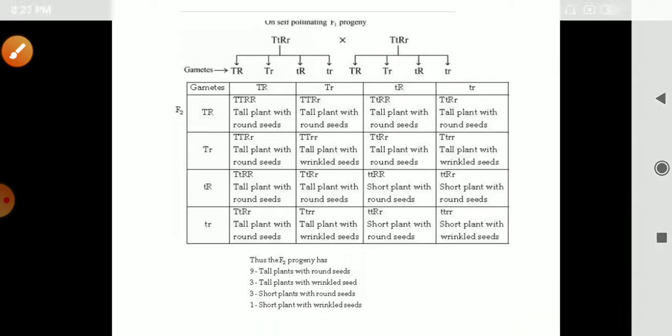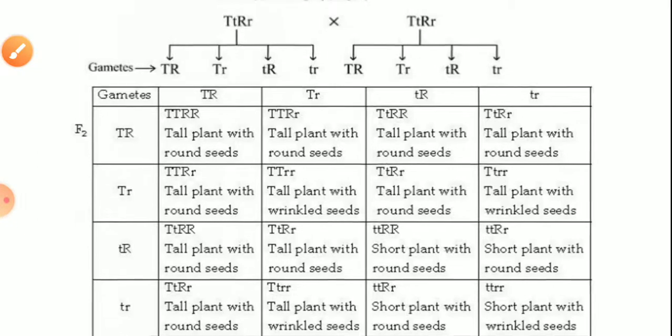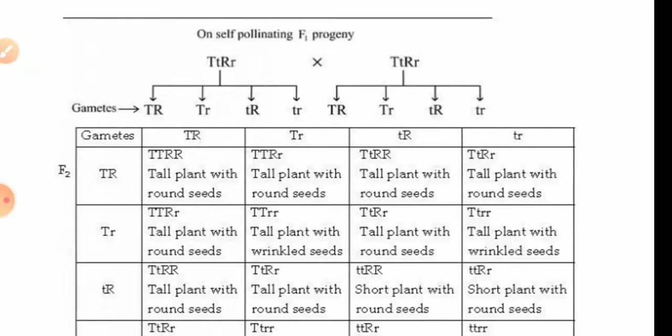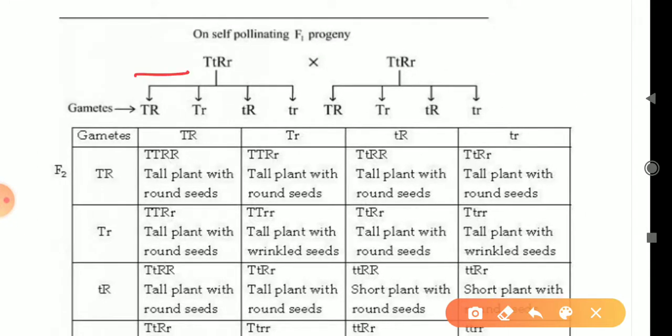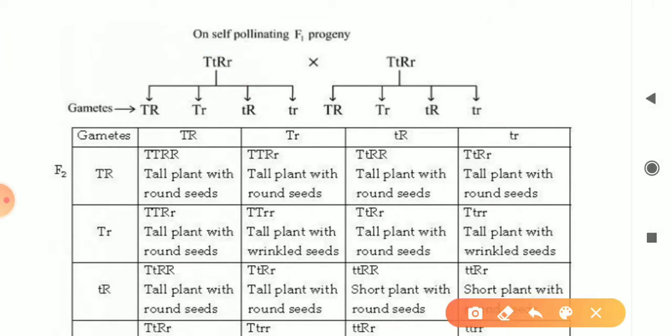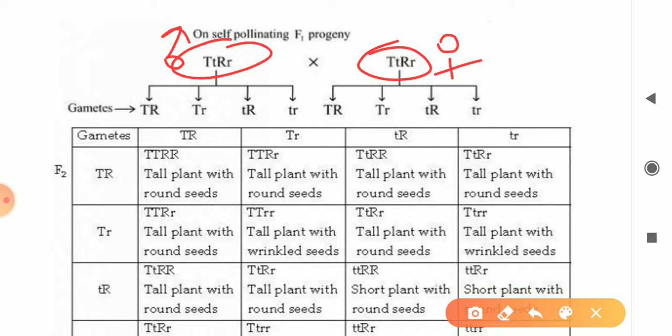When the F1 progeny is allowed to self-breed, the male and female parts of the plant have the same genetic makeup, because it's self-pollination. Gametes will be involved because it's sexual reproduction, so there will be four different possibilities of gametes formed.